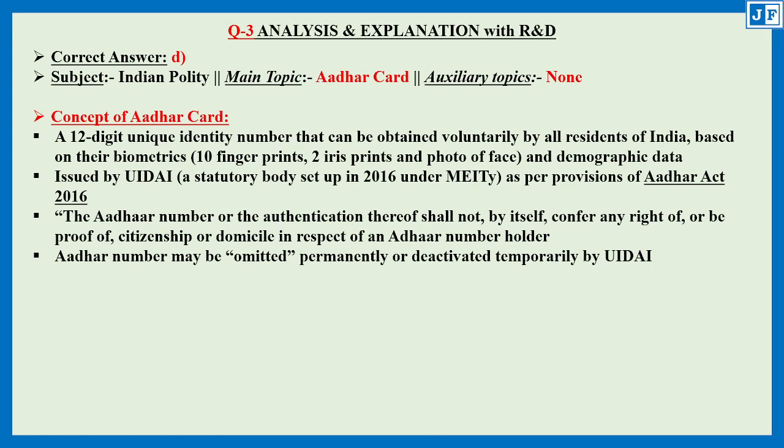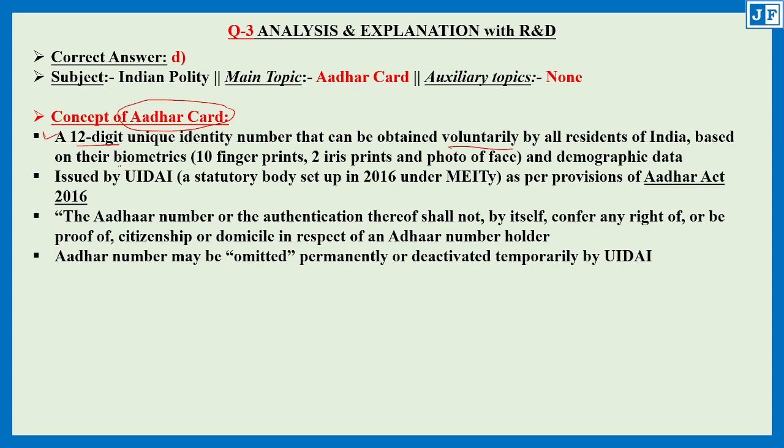In the explanation part, we get to learn what Aadhaar is. Aadhaar is a 12-digit unique identity number that can be obtained voluntarily. The point voluntarily has to be noted by all residents of India based on their biometrics. What are biometrics?